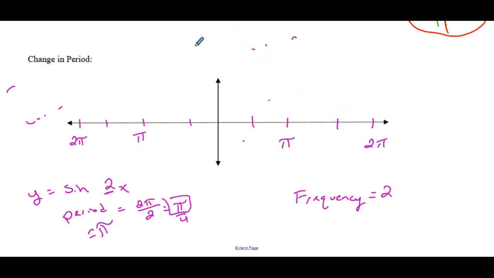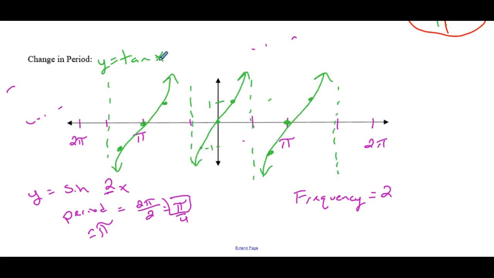All right, so again, let's look at tangent of x. All right, so here's the graph of y equals tangent of x. So let's switch it to y equals tangent of 2x. So again, our period for tangent is pi over b, which is pi over 2.